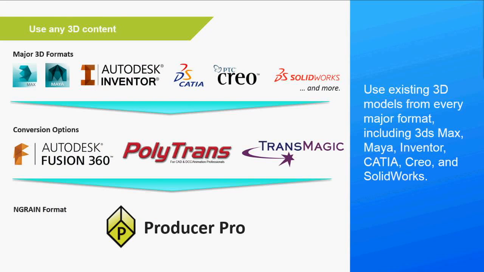For people familiar with NGRAIN, you will recognize Polytrans and Transmagic, which we've had for some time, but we also have a new conversion option that if you're interested in, it's available, and I'd love to hear your interest. Autodesk Fusion 360 is a cloud-based Autodesk tool, and we have conversion for that as well. And then ultimately you end up in the NGRAIN format, which is what you use in Producer Pro.